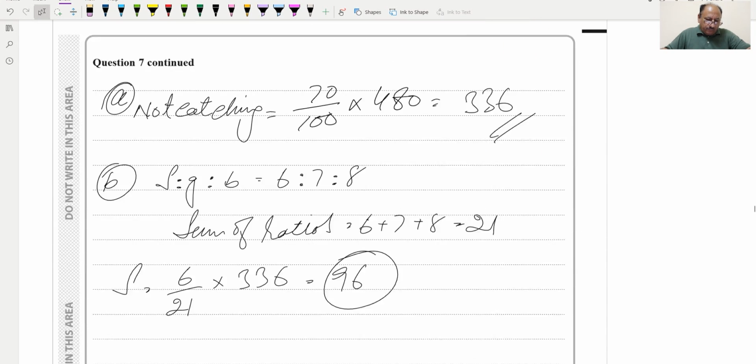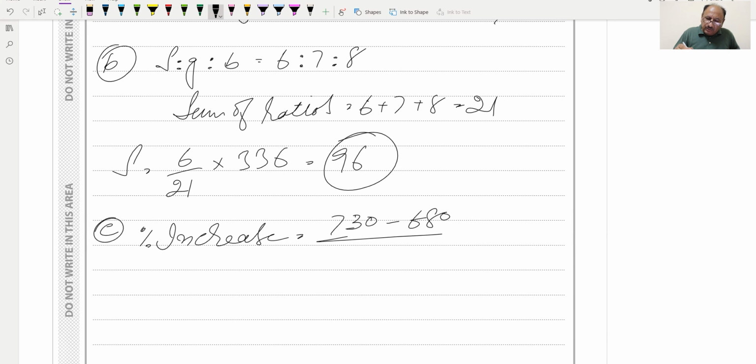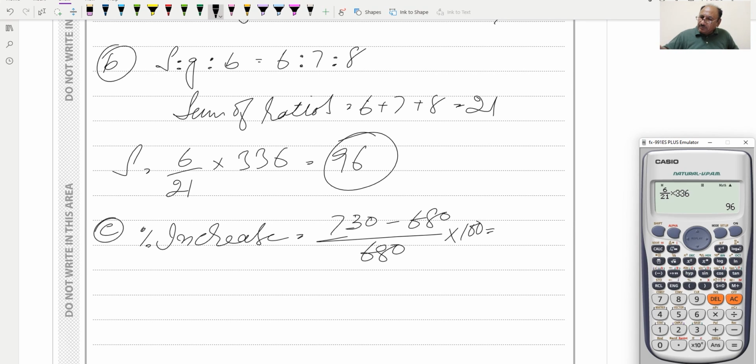Now for percentage increase, we know how to solve this. Percentage increase is equal to the bigger number, so we write 730 first, minus the smaller number, divided by the original price. To calculate a percentage we also have to multiply by 100.